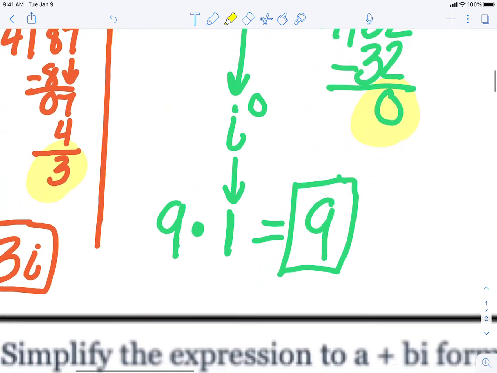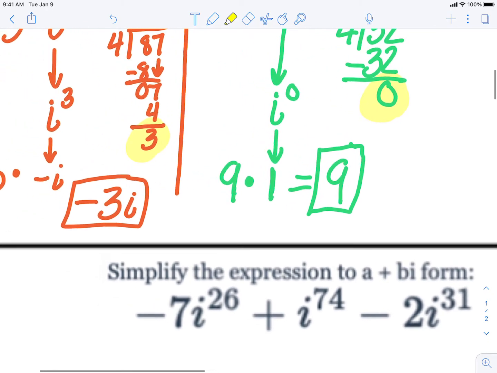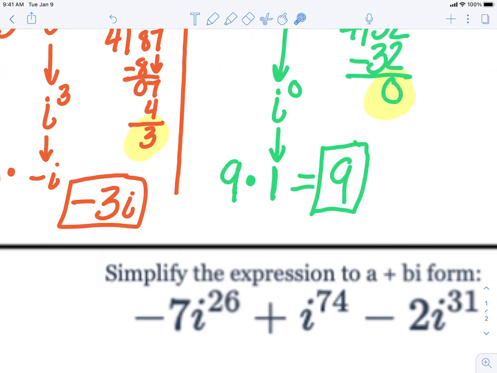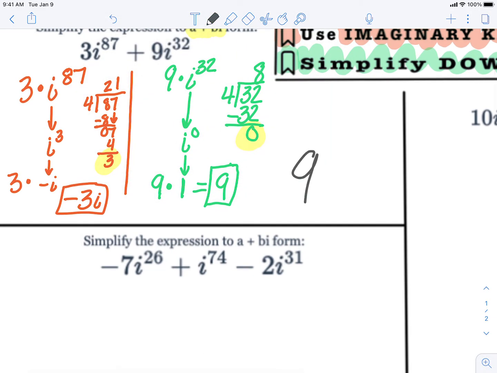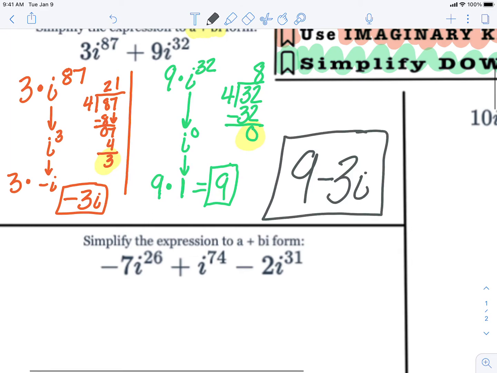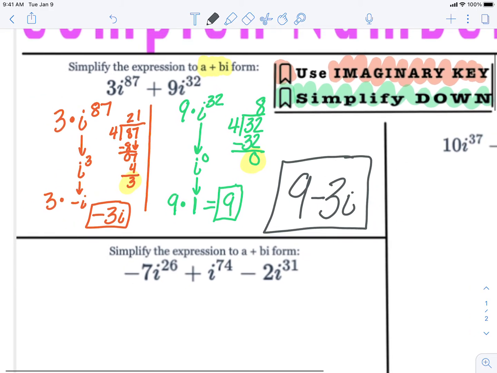Bi is the imaginary number. So in this case, 9 is my regular number, and negative 3i is my imaginary number. When I write these two together, I get 9 minus 3i. And that is my final solution for that problem.